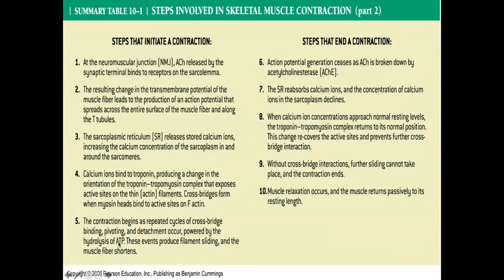Now that detachment is powered by the breakdown of ATP. So we need ATP in order to detach the myosin head from actin. And we know that because it takes energy.